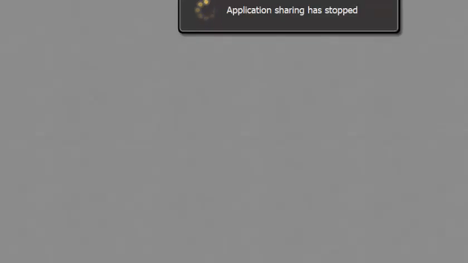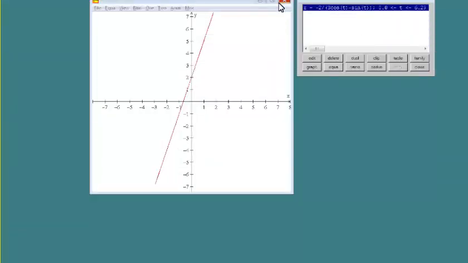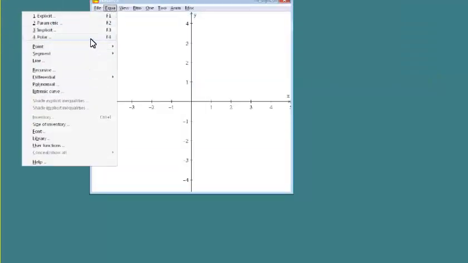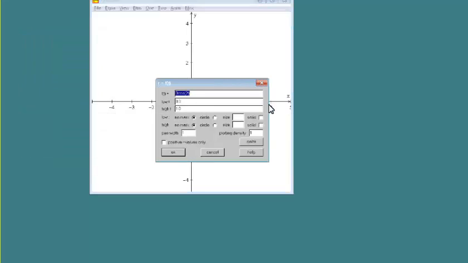So let me start sharing the graph program. Let's close that. Open up a two-dimensional equation. If we plot it in polar coordinates, we get r equals 5 cosine theta, cosine of t in their lingo.